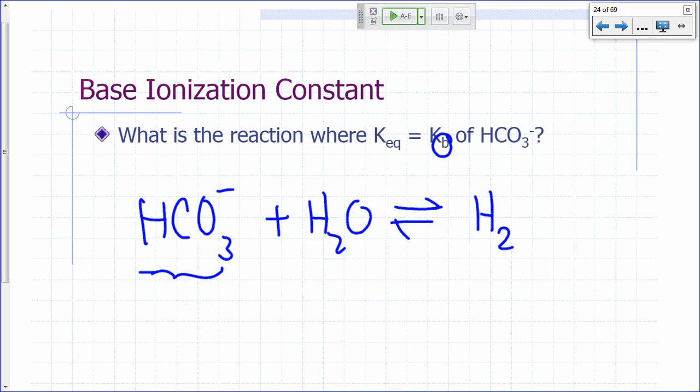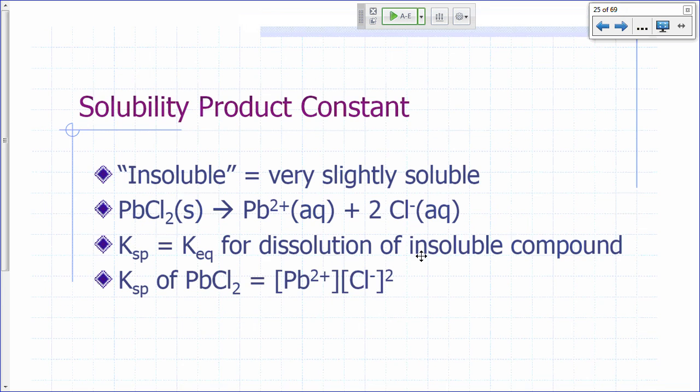It becomes H2CO3, right? And what's left behind from the water? Hydroxide. So this is the reaction we are referring to if we're talking about an equilibrium constant known as the Kb of HCO3 minus. That's the reaction of HCO3 minus with water where it pulls a proton away from a water molecule.